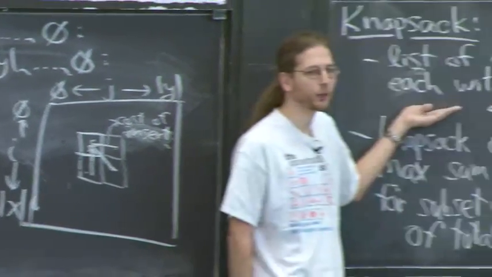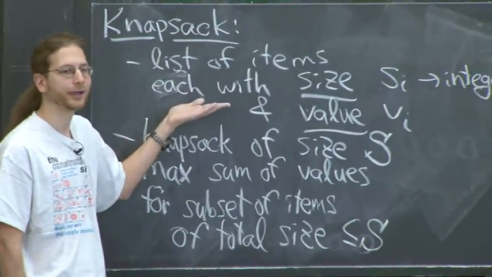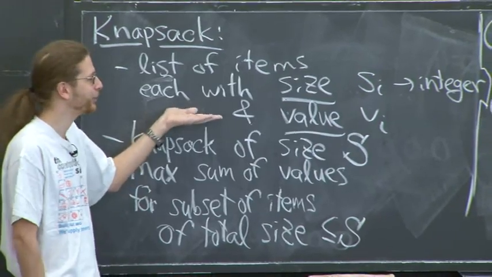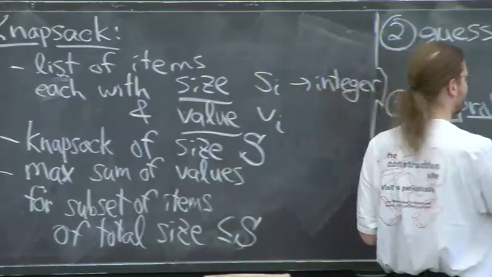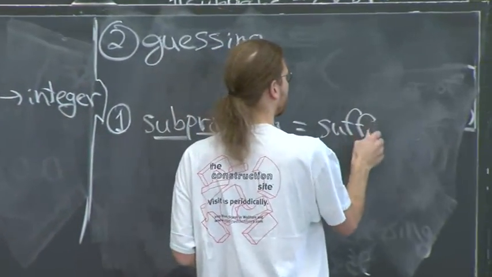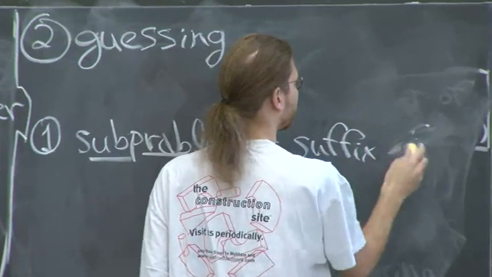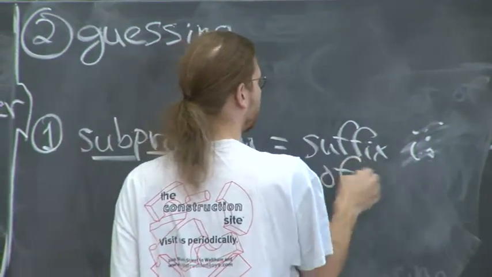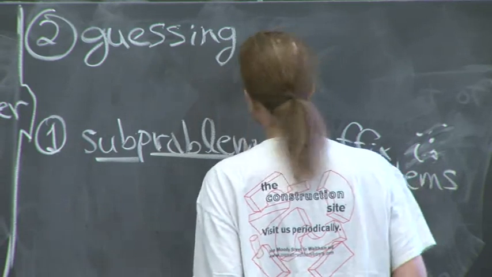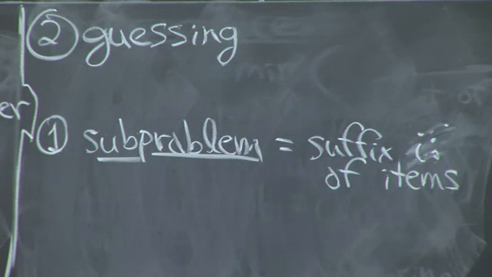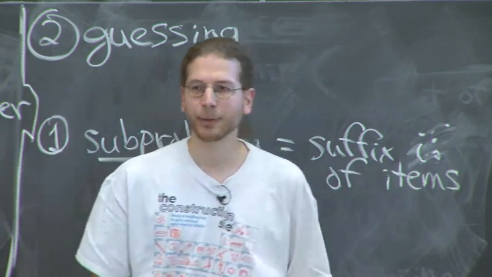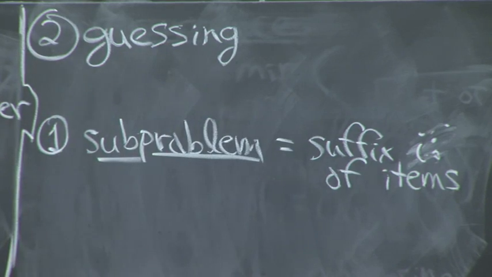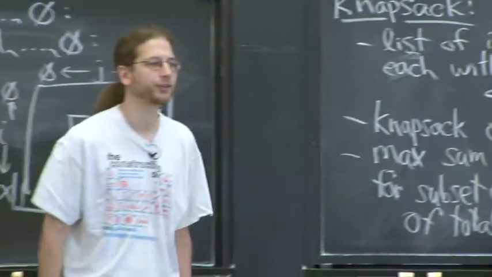We don't actually care about the order of the items, but hey, they're in an order. If they weren't, we could put them in an arbitrary order. We're going to use that order, and we're going to look at suffixes of items, say i: of items. Okay? That's helpful, because now it says, oh, well, we should be plucking off items from the beginning. Starting with the ith item, what should I decide about the ith item relative to the optimal solution? What should I guess?